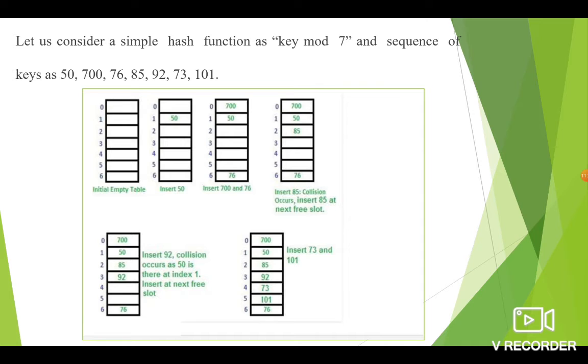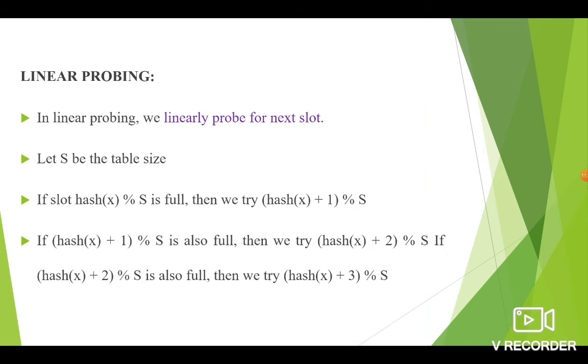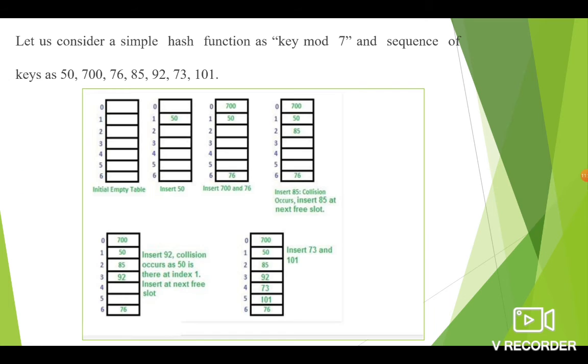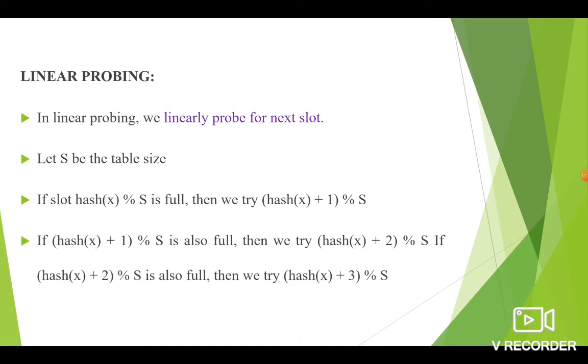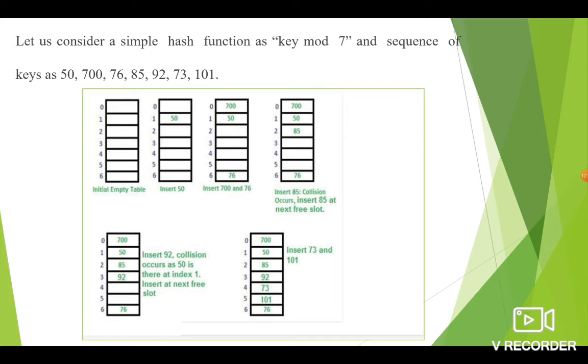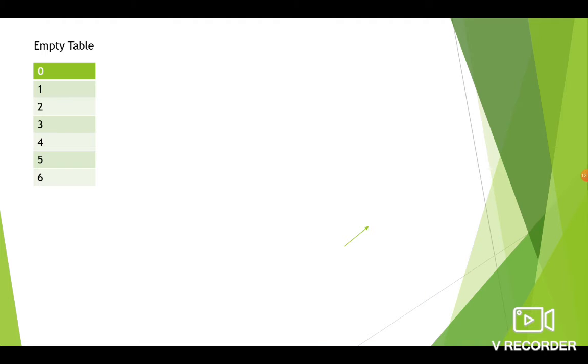It is colliding with 50, because 92 modulus 7 gives you 1, and at index 1 I already have the element 50. So if collision occurs, I have to move to the next location, hash of x plus 1, that is 2. If that location is also full, then I have to go to hash of x plus 2. So I am moving to location 3. At index 3, I can insert the value 92. So this is called linear probing.